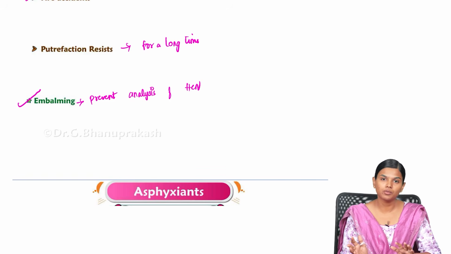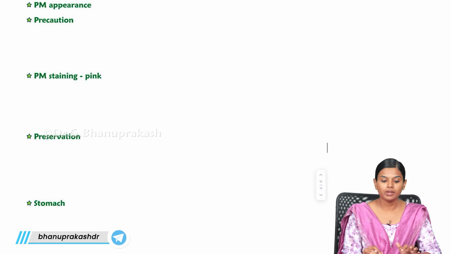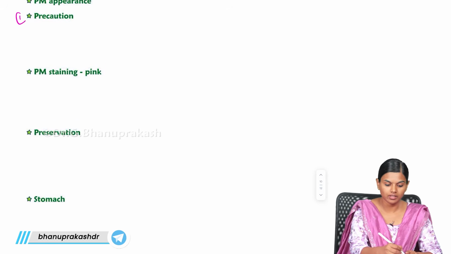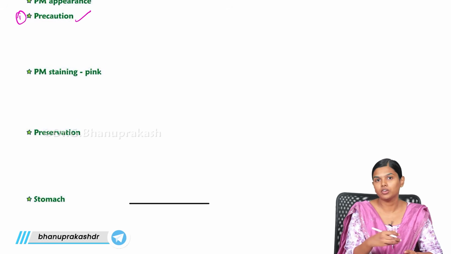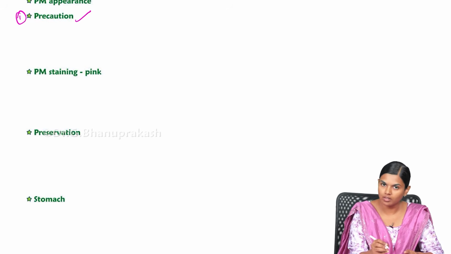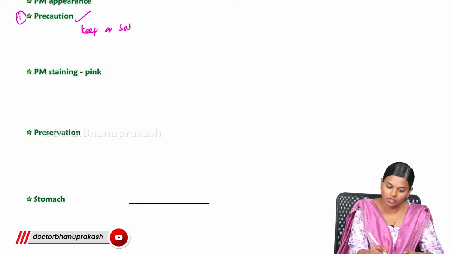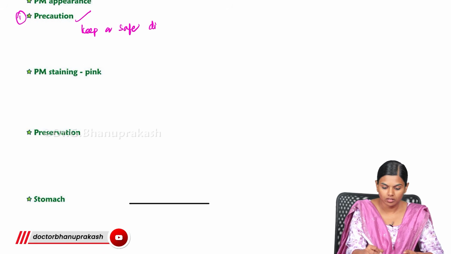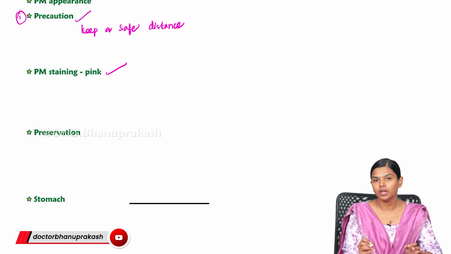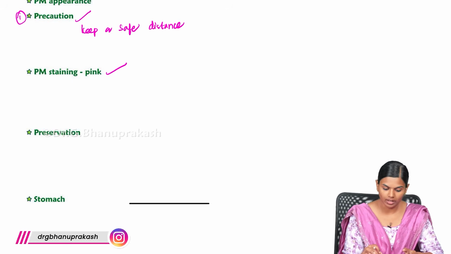The main thing that you have to remember is the mechanism of action and the antidote. The next is the post-mortem appearance for cyanide. The first thing is that there should be precaution, because cyanide will keep on coming from the body. So, you have to be very, very cautious while operating. You have to keep a safe distance, otherwise you can get toxicity. And the post-mortem staining will be pink in color because of the excess oxygen present in the body, which is not utilized by the cells because of this histotoxic anoxia.